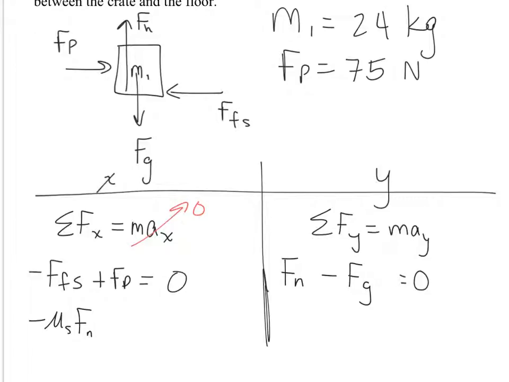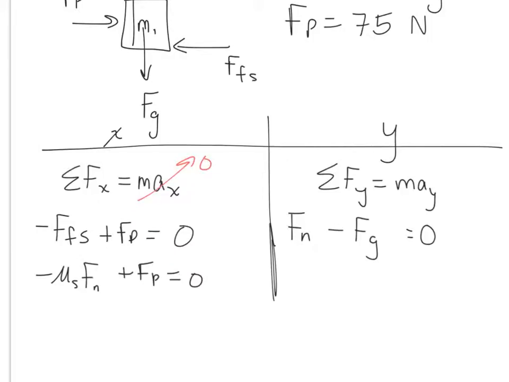The general formula I gave you on the previous slide encompasses just friction in general. But if it's static versus kinetic friction, there are differences here. Okay, good. So far, good. Plus Fp equals 0. So it looks like in the x direction we might have everything, but the problem is we don't have Fn. Right? We have Fp. What's Fp?